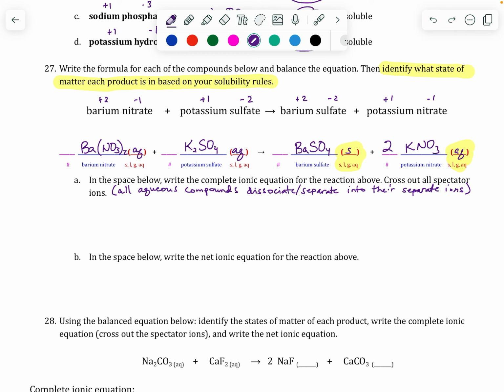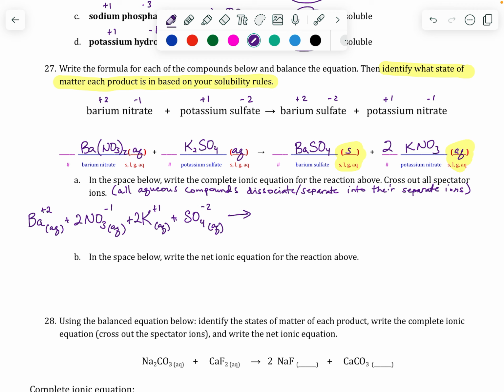So in this case, barium nitrate is aqueous. It's made up of a barium ion, and because it's aqueous, the ion is aqueous as well, and 2 nitrates. That 2 tells me I have 2 of those nitrate ions, noticing that I'm including a charge and state of matter for all of this. Potassium, there are 2 potassium ions in that formula, and there is 1 sulfate ion in that formula.